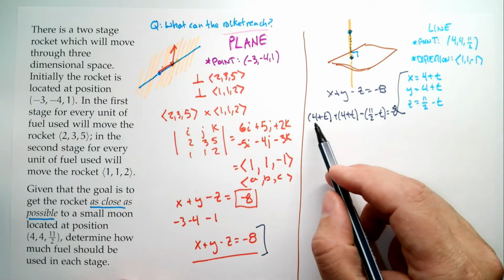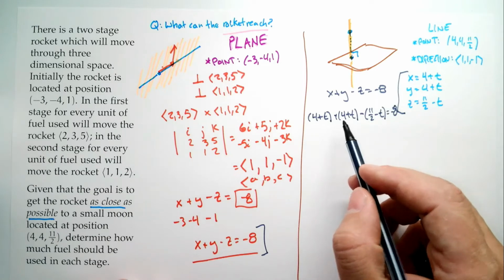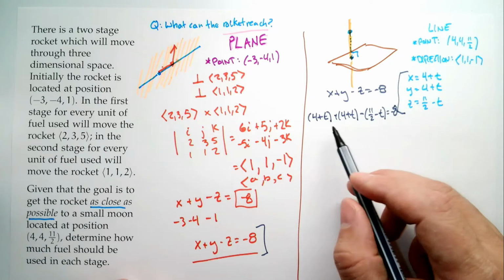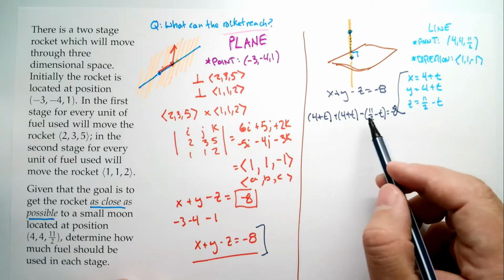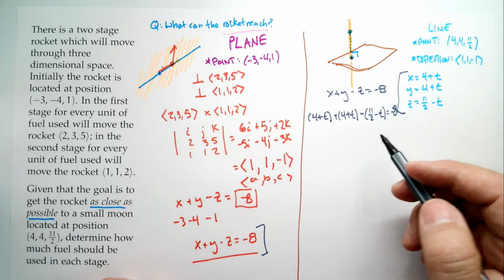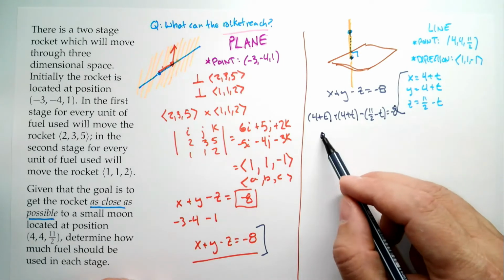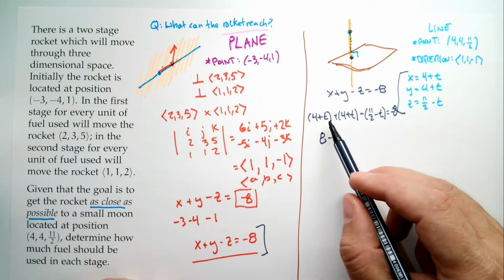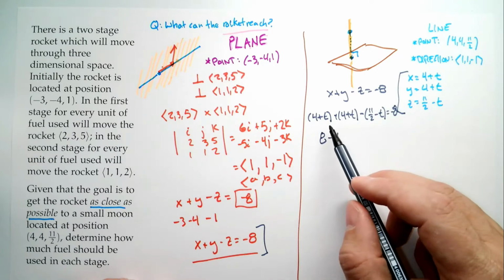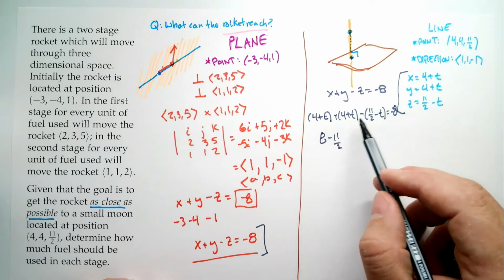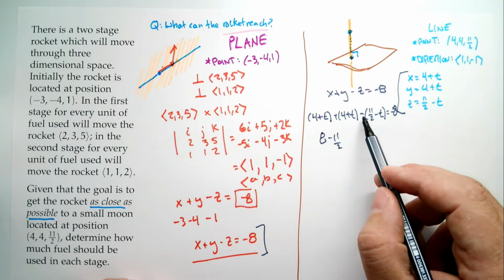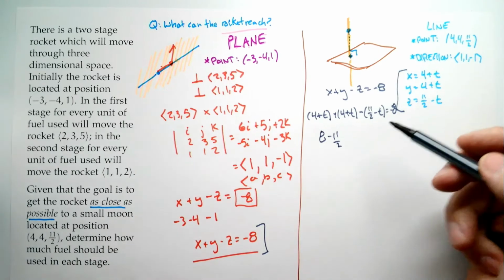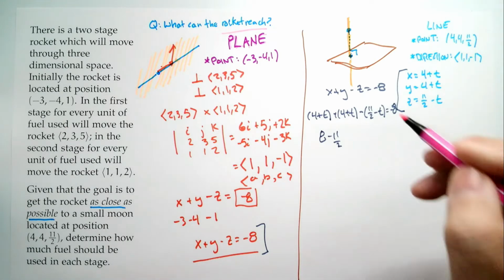Well, we get 8. Well, okay, hold on. Let's see. 8 minus 11 halves. I'm just going to write 8 minus 11 halves for right now. How many t's do we have? We have 3. Be careful with this minus sign, because a lot of people will miss this minus sign.